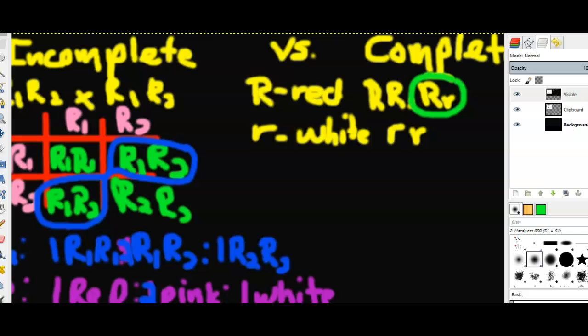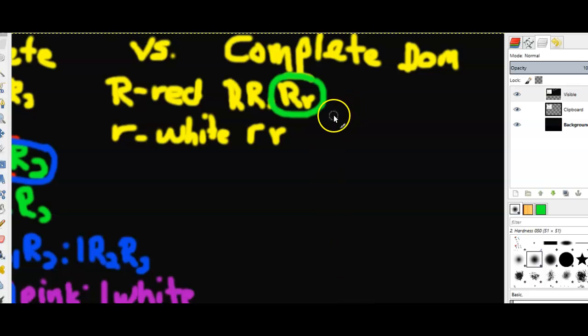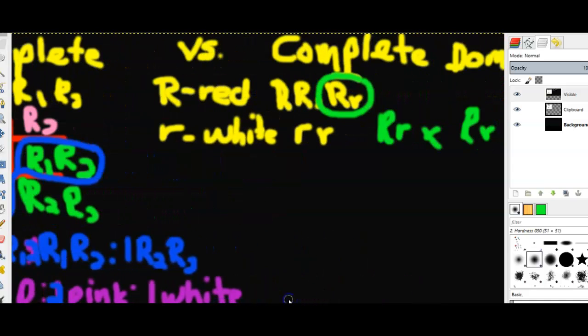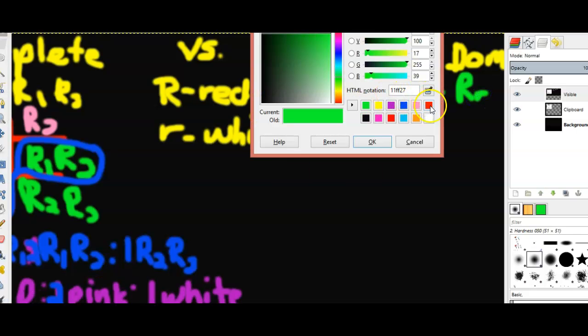So let's continue on with our comparison, and let's do a heterozygous cross. So let's do a Punnett square. Let me do it so we can compare them next to each other. So we're going to do a heterozygous cross. Get my orange here.